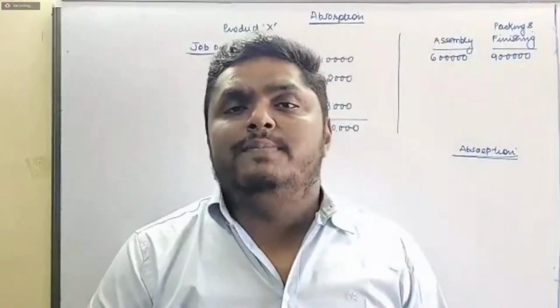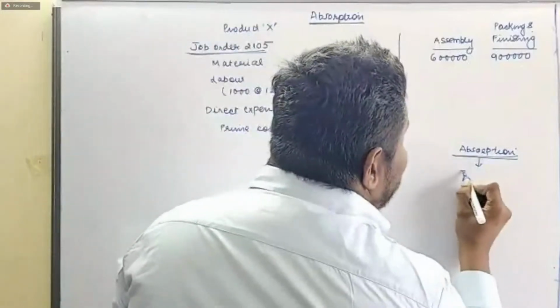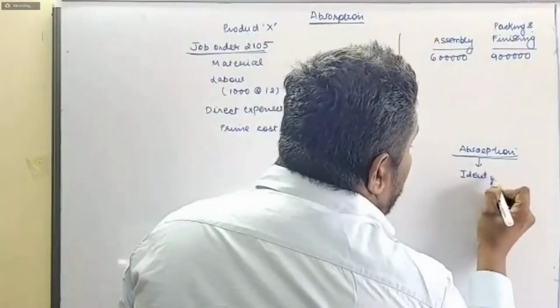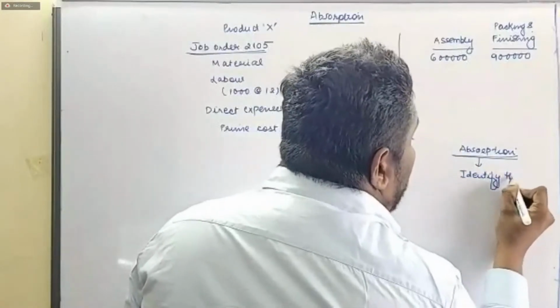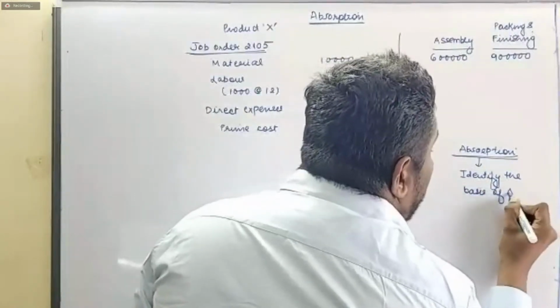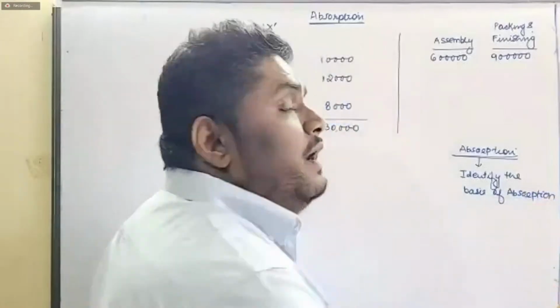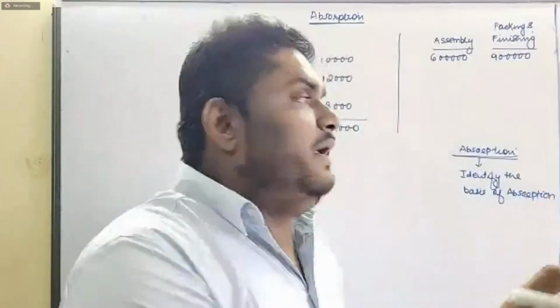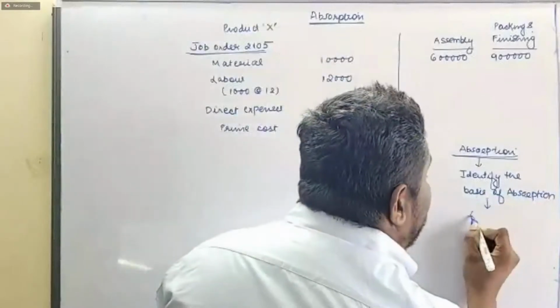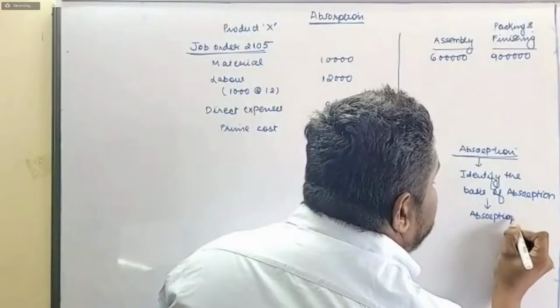Now, what we do in absorption is we first identify the basis of absorption, that is, on what basis absorption has to be done, and thereafter we'll calculate the absorption rate.